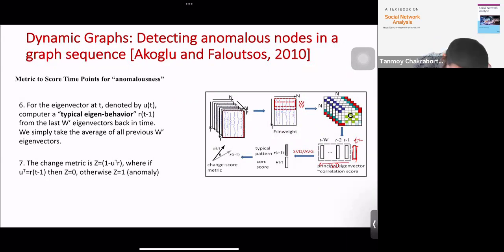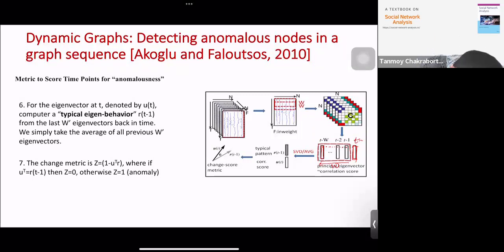And you have a principal eigenvector at every sliding window, so you can also think of it as a matrix, once again. You can do singular value decomposition, some sort of SVD, or the simplest way, you can essentially take the average of all the entries of a particular node.